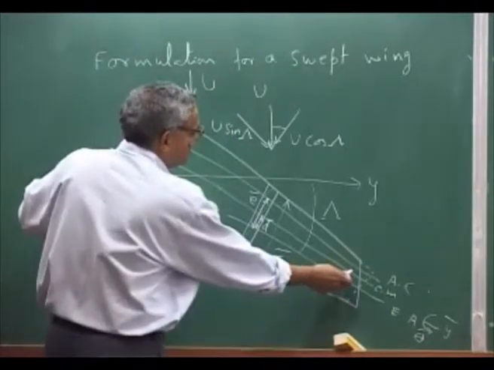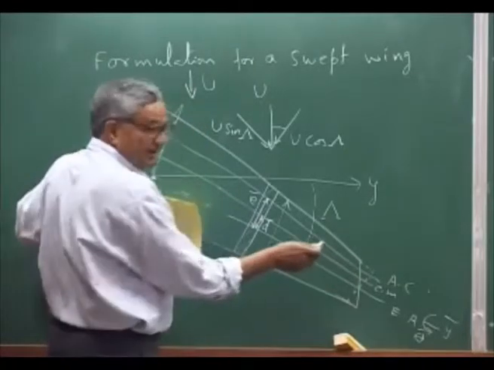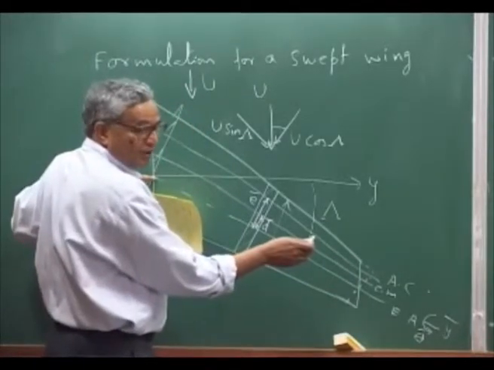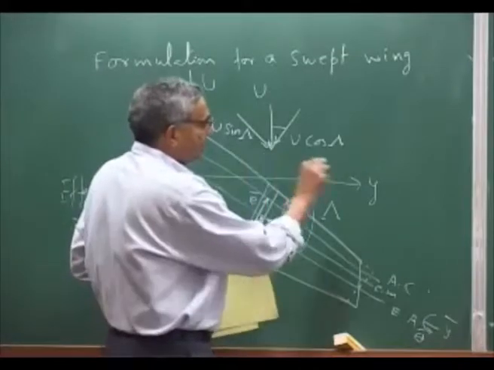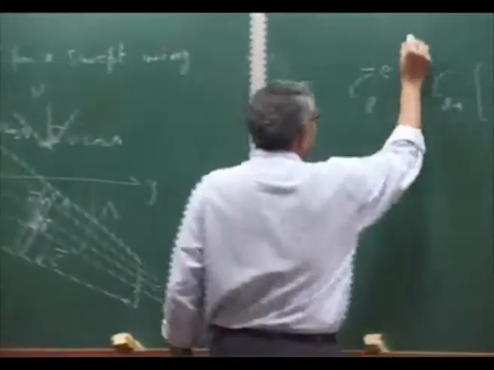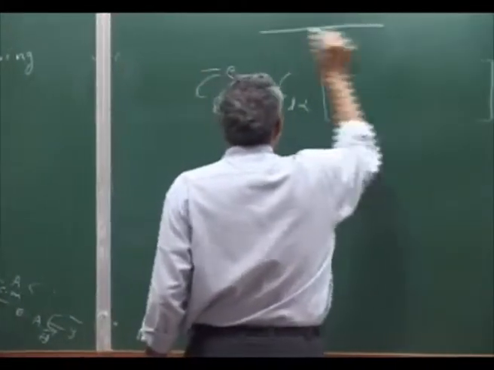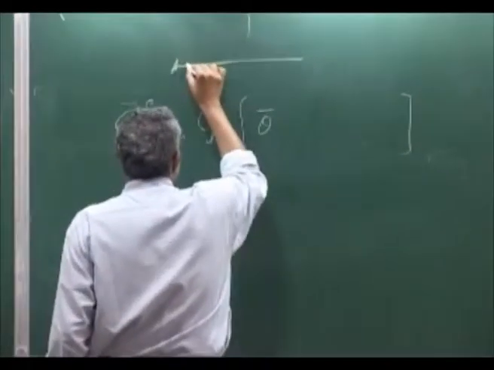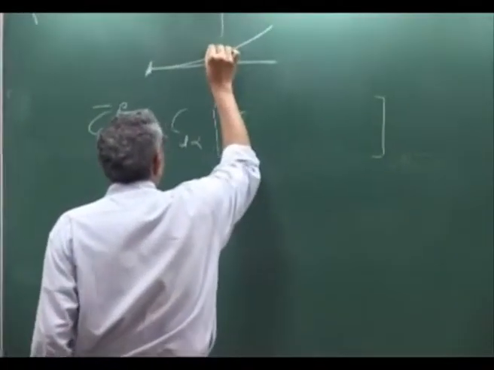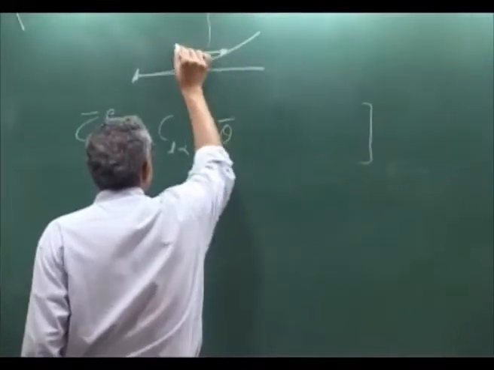Now when this beam is bending, U sin lambda will be like this. If I take the slope, this is my wing, U sin lambda will be like this.